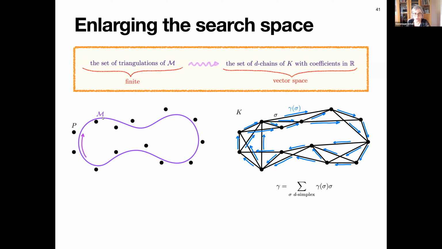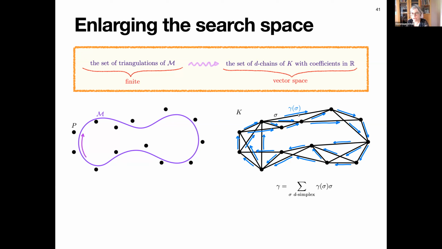So here is the situation. We have M, we have our point set P, and we have represented K on the right. M is orientable, so we are going to pick an orientation for M, and we're also going to assume that K is close enough to M so that we can transfer this orientation from M to all simplices in K. This is really just for the explanation; for the algorithm, we don't need to have access to this orientation.